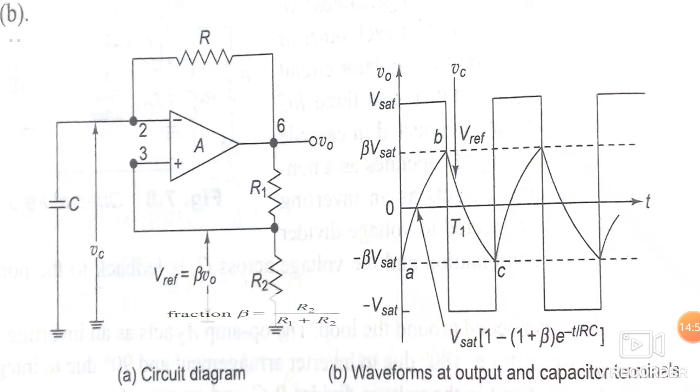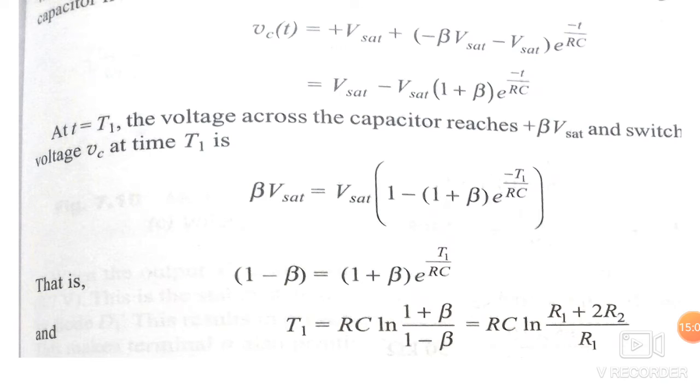So we can apply the formula for this time period, that is from t equal to 0 to t equal to T1. Applying this formula, at t equal to T1, the voltage across the capacitor reaches plus beta Vsat and switches.